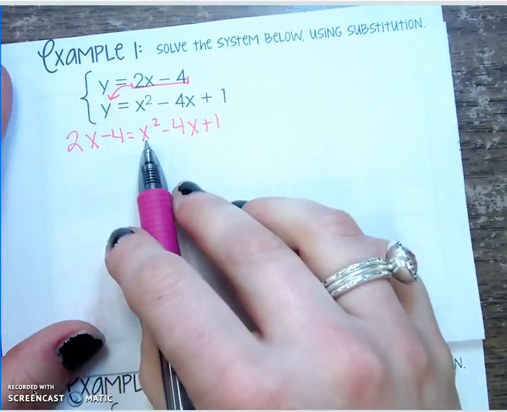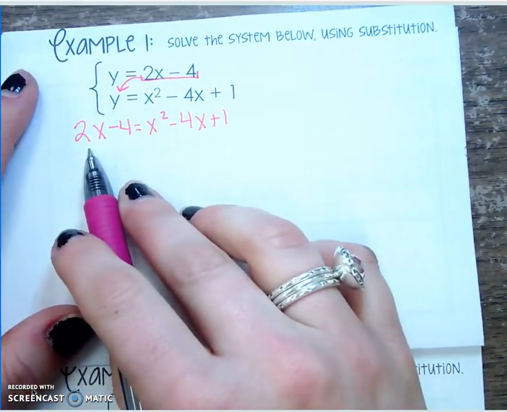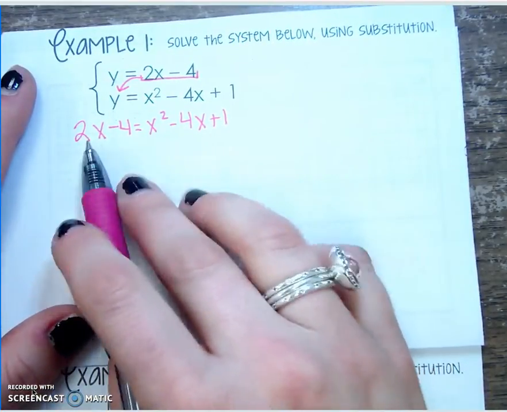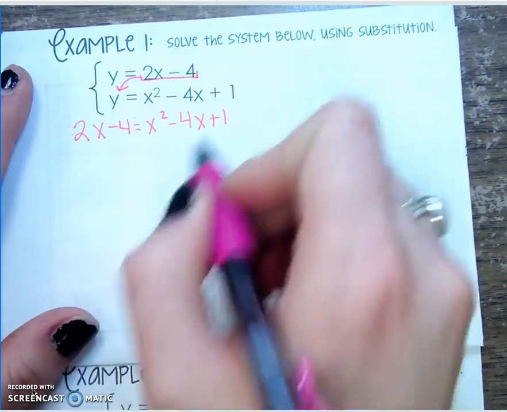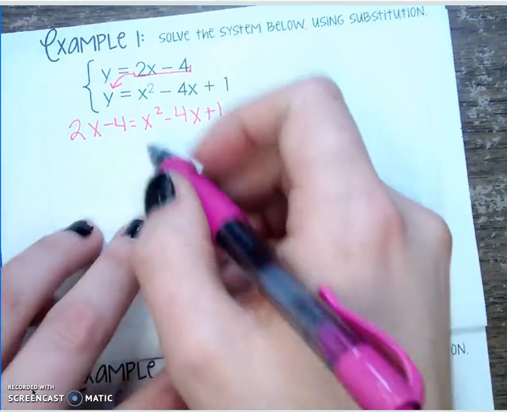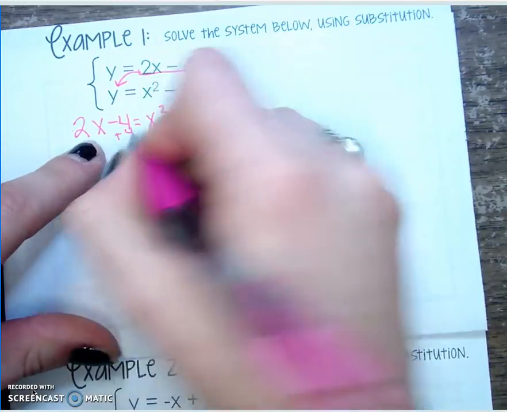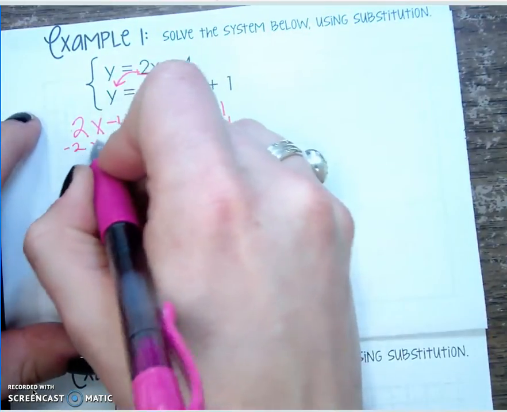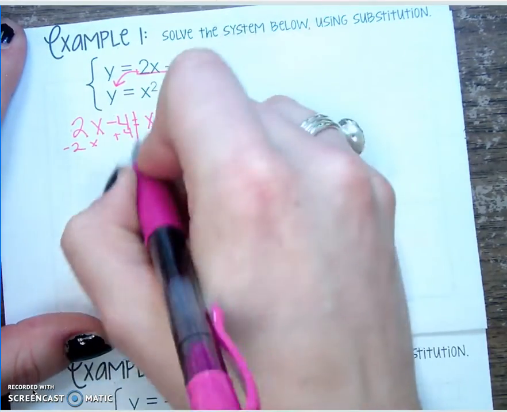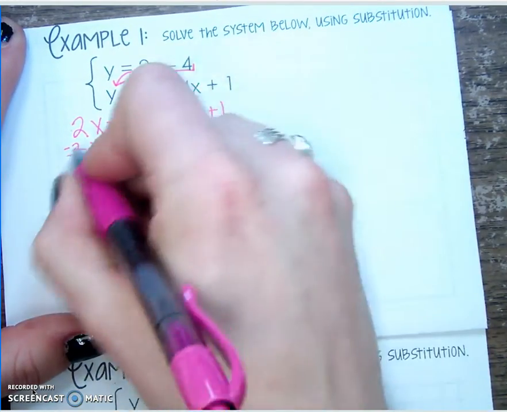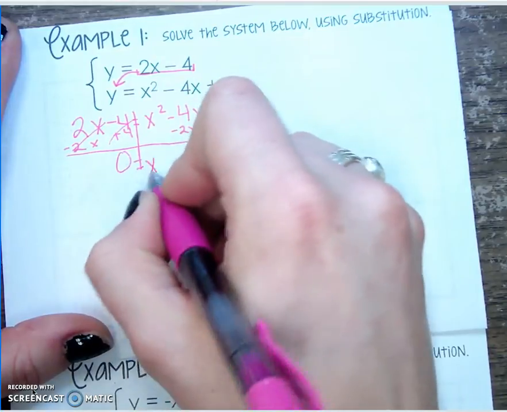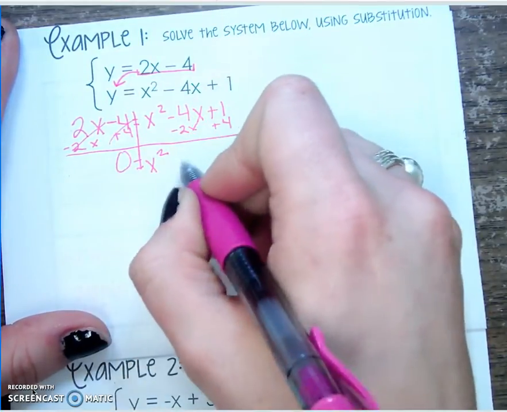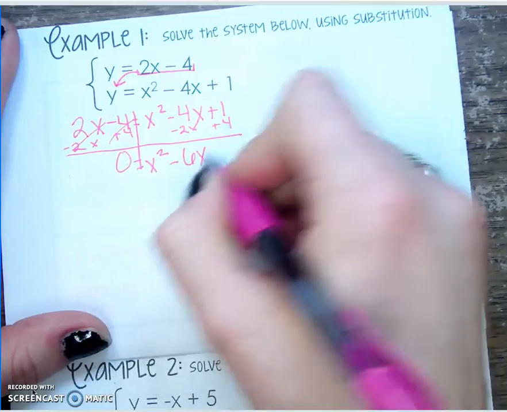I'm not going to move the x squared to the left because it'll become negative, so I'm going to leave it over here and move everything else over to make it equal 0. I'm going to add the 4 and subtract 2x. So I'm left with 0 equals x squared minus 6x plus 5.